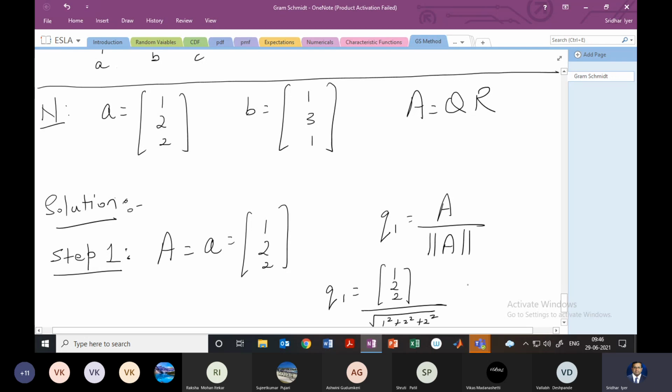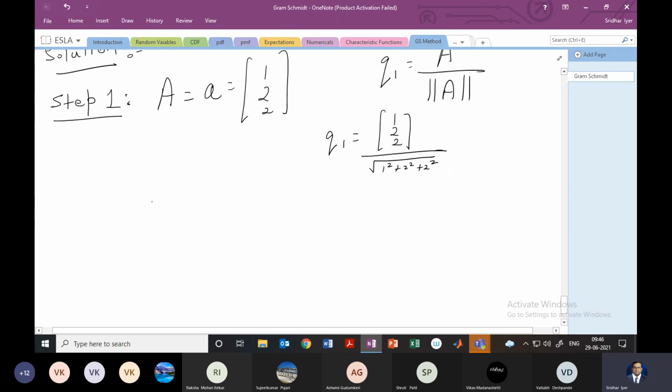So we'll have 1 plus 4 plus 4, which is root 9, which is 3. Therefore Q1 will be 1 by 3, 2 by 3, 2 by 3.